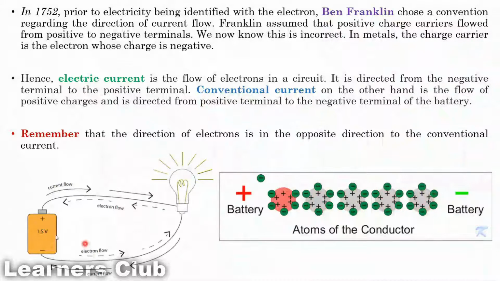So as you can see, from the positive terminal of the battery to the negative terminal of the battery, we write it as current flow because at present we consider the conventional current direction. But in reality, the current is an electron flow, which is from the negative to the positive terminal.